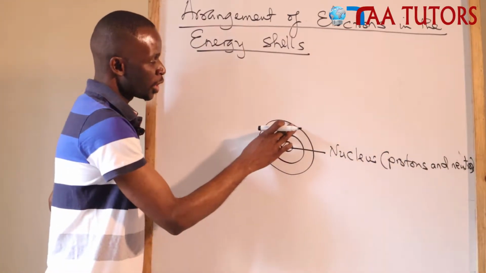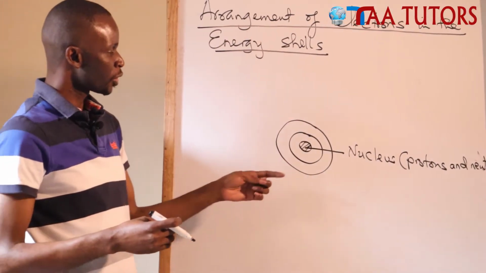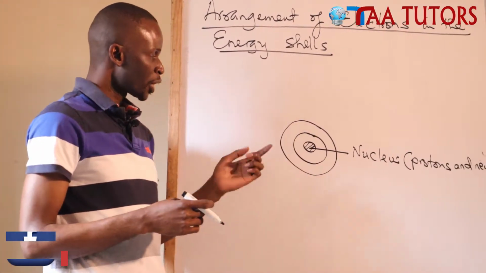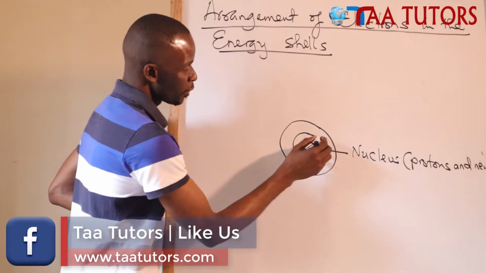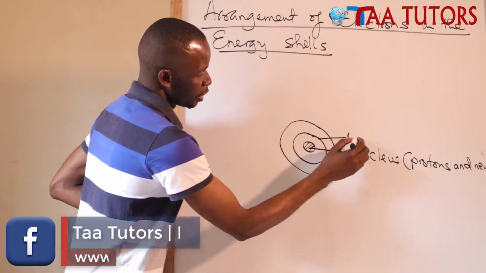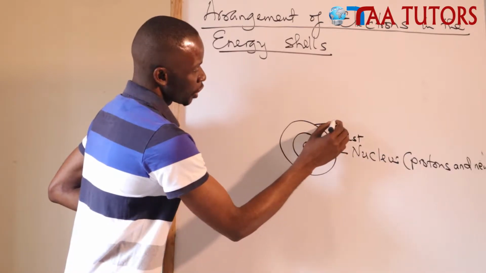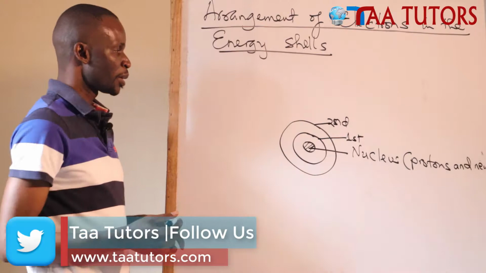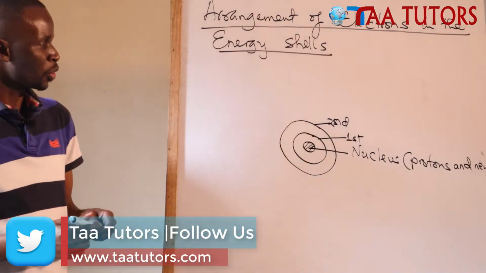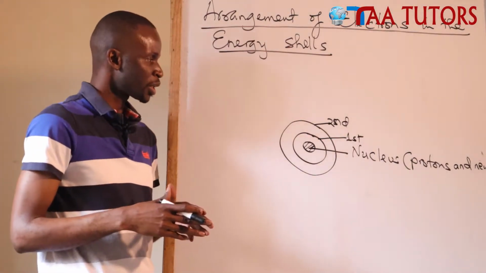We agreed initially that the electrons are found in the energy shells. So the energy shell, this could be the first energy shell here. This one is the second. And we can have the third, depending on how many electrons that particular atom has.